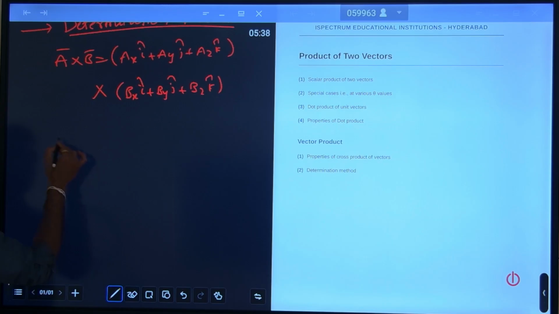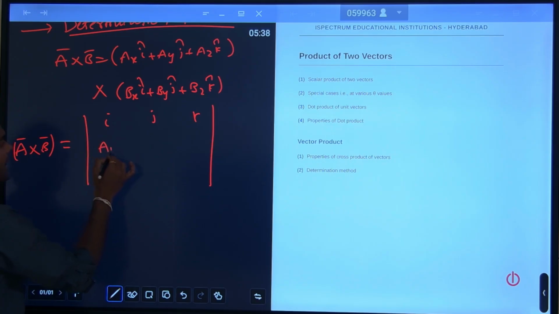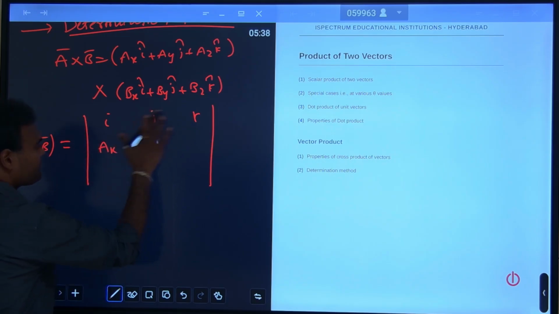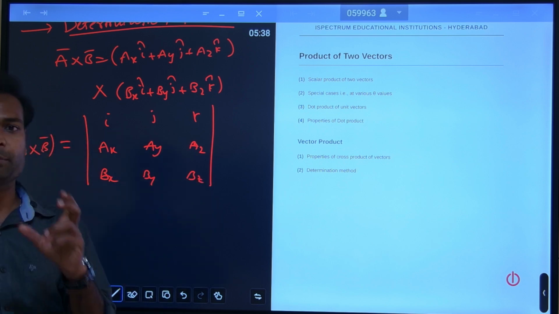Now the procedure for finding the resultant is a cross b is equal to the determinant with rows i j k, Ax Ay Az, Bx By Bz. So this is the representation of the determinant method.